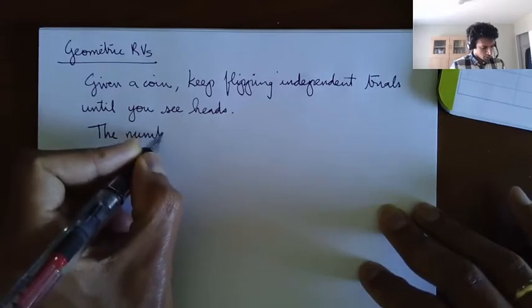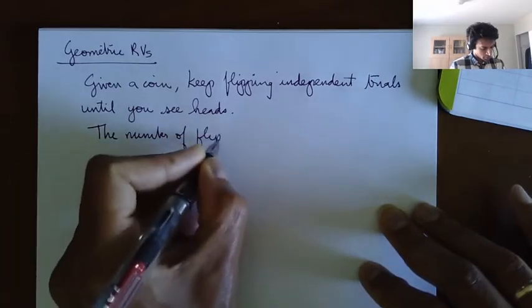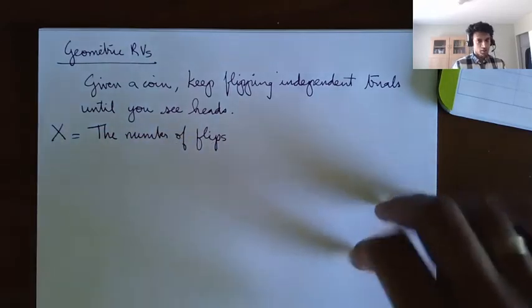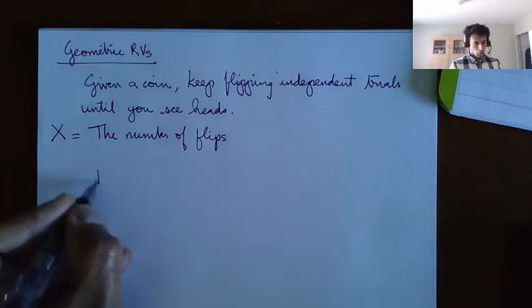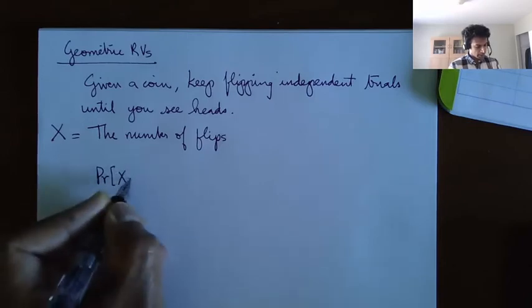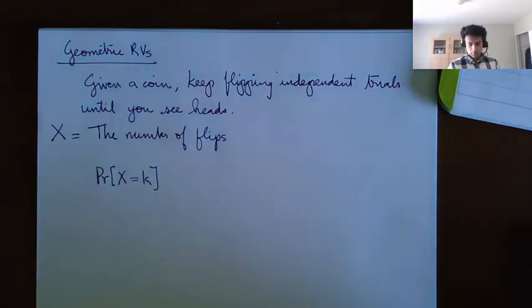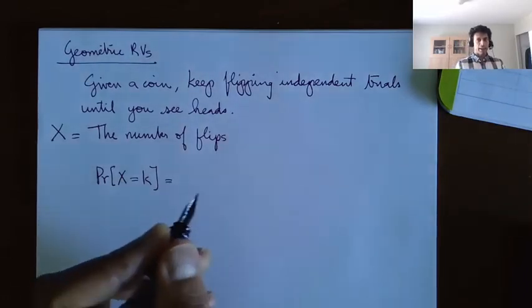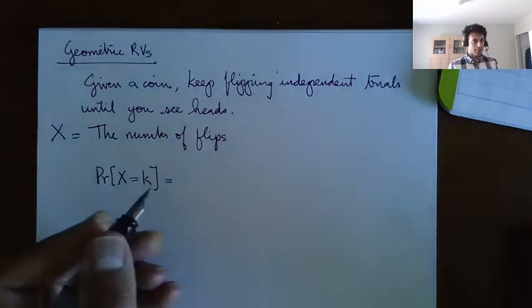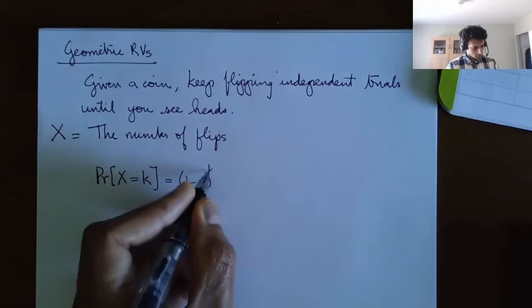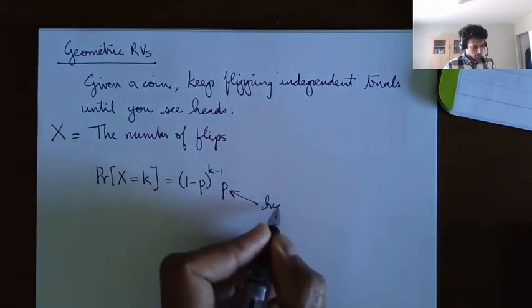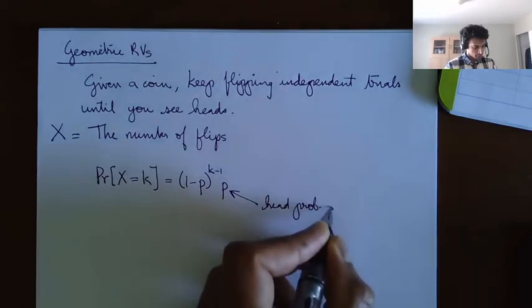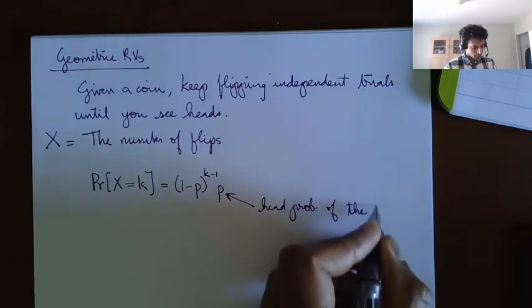The number of flips, this is the random variable. It's the number of flips. So what is the probability that X takes a value k? Well, you had to have tails for the first k minus 1 flips times p, where p is the heads probability of the coin.